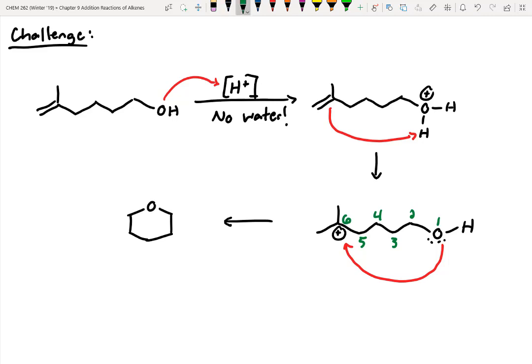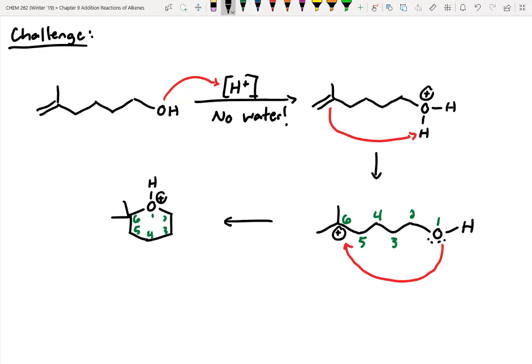So I'm going to go through and number this as well. Go 1, 2, 3, 4, 5, 6. Carbon 6 has 2 methyl groups coming off of it, right? That we didn't number but are still there. And then oxygen still has a hydrogen coming off of it. So we'd show that with a positive charge.